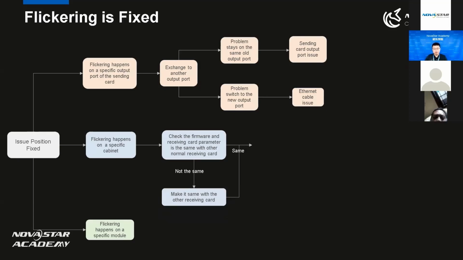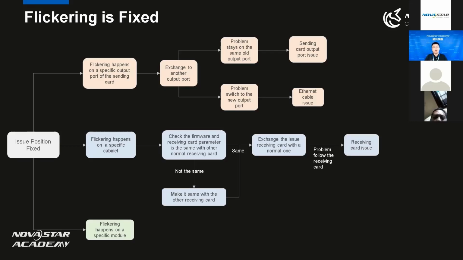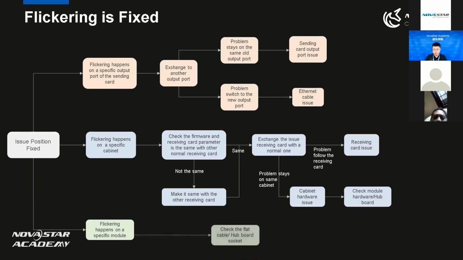And if the receiving card firmware and the RCFGX file are the same, you can try to exchange the issue receiving card with a normal one. If the problem follows the receiving card, it means it is a receiving card hardware issue. And if the problem stays on the same cabinet, the reason should be the module or the hardware. So this is the process.